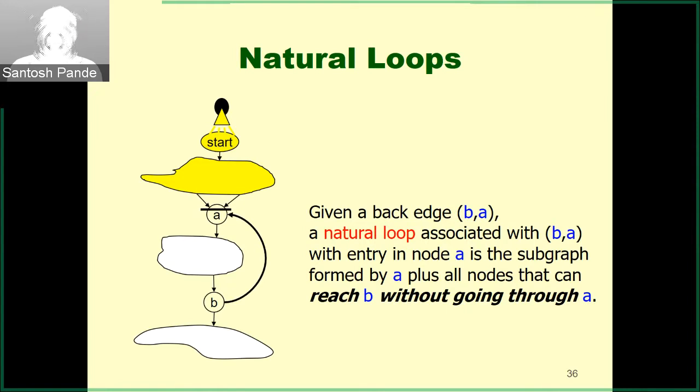Because there could be another loop there which maybe brings the control back to A through another back edge, and we'll find that as a part of that particular loop. So here we are interested in the forward part of it. For this particular back edge, we're interested in finding out all the nodes that carry the control forward from A towards B, as simple as that. And so we want to enumerate that in the acyclic sense of the paths, not the cyclic ones. And what we will do, therefore, is collect all these nodes which are bringing the control forward from A towards B.